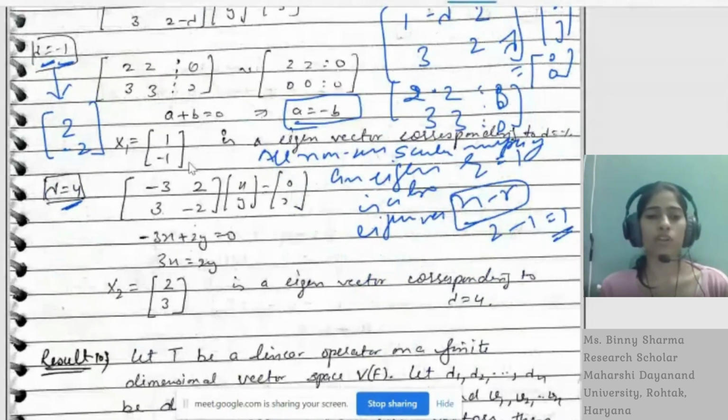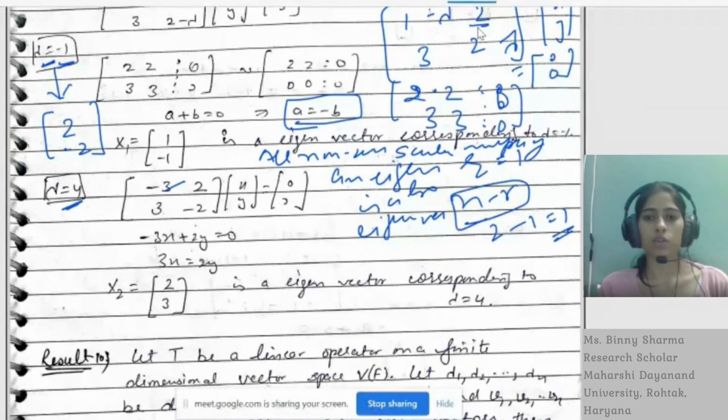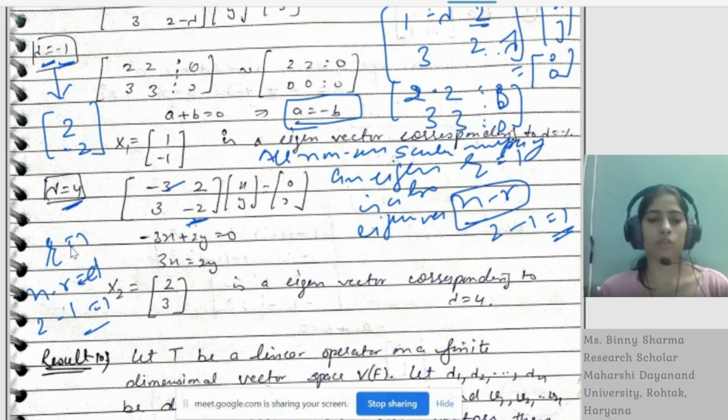Similarly, when we put lambda equals 4, we get 1 minus 4, that is minus 3, 2, 3, 2 minus 4, that is minus 2. Its rank is 1. And how to find the dimension? n minus r, also 2 minus 1 equals 1.